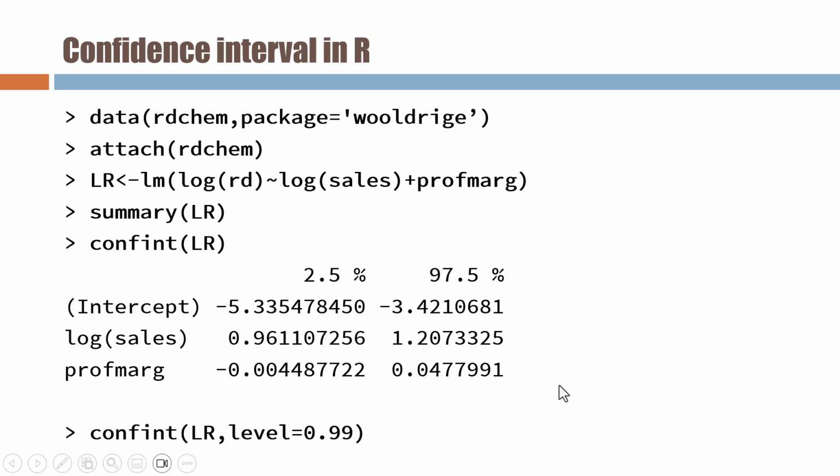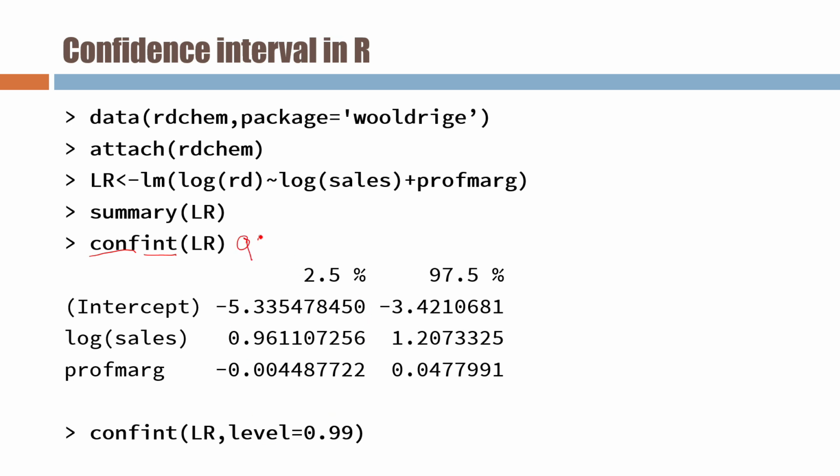This is how we calculate the confidence interval, but I already showed you. You have to bring in the data and attach it, which means I don't have to type the data frame name in front of all the column names. And then this is the confidence interval, and you can find it is 95%, which is the default.